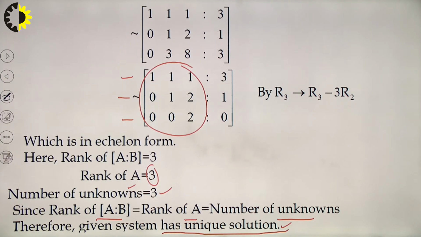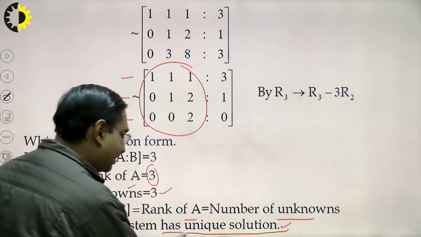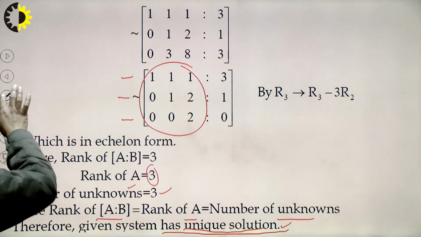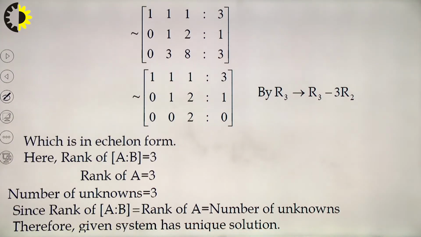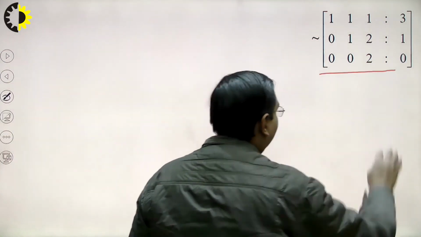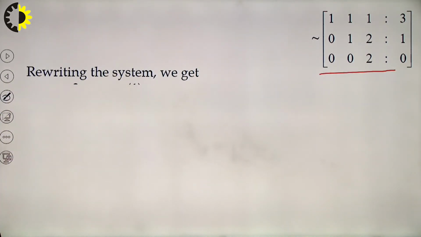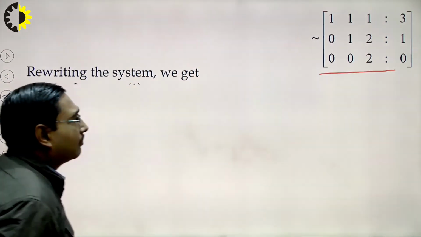Thus, we have discussed the consistency of this system of equations, and we are able to tell that this system has unique solution. Now, we move towards next part, where we are required to find that solution. To find the system solution, we shall again use this echelon form, and we shall rewrite the equations from this echelon form.